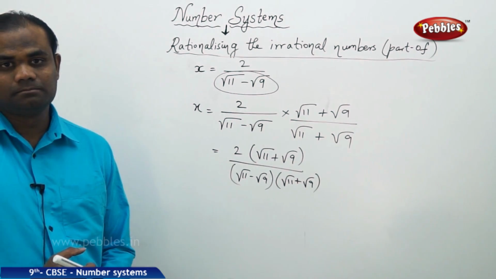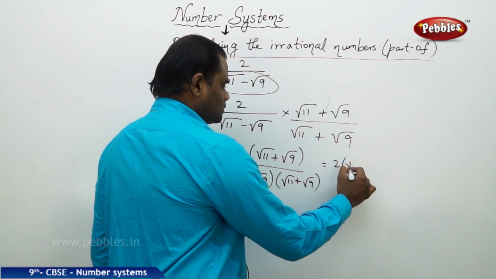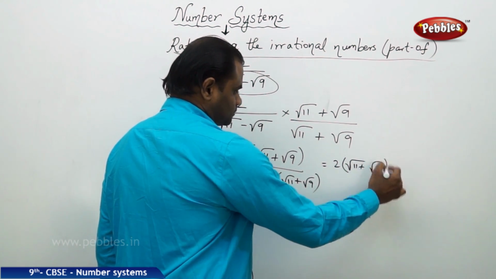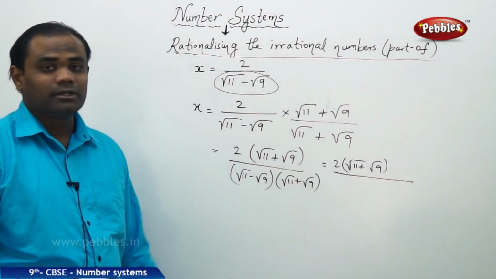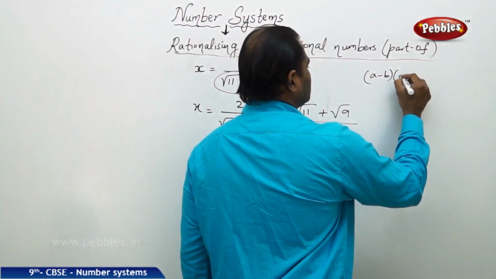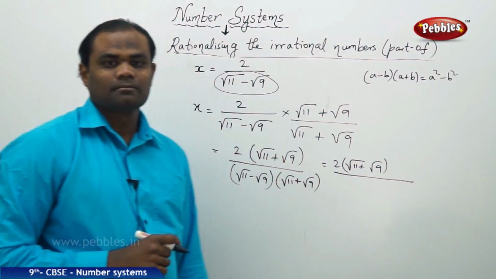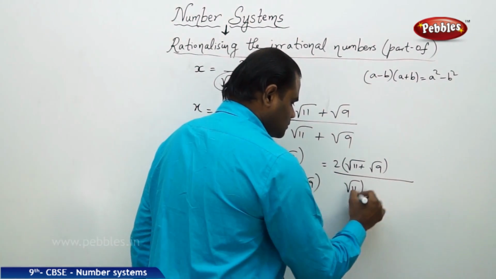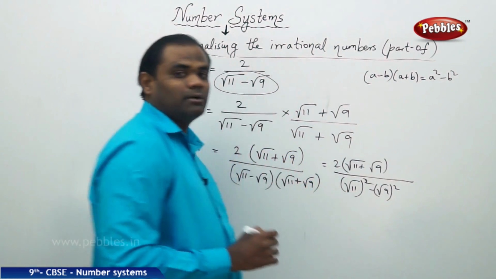Now clearly this is in the form a minus b into a plus b, which we know through the formula that a minus b times a plus b is a square minus b square. And therefore, this minus this into this plus this is a square minus b square.